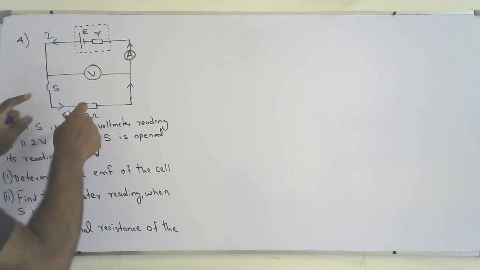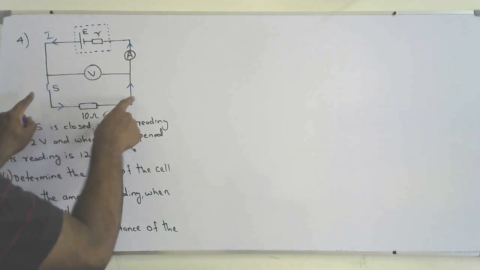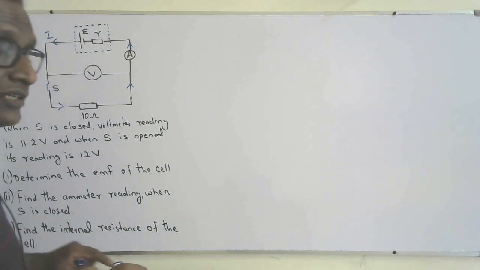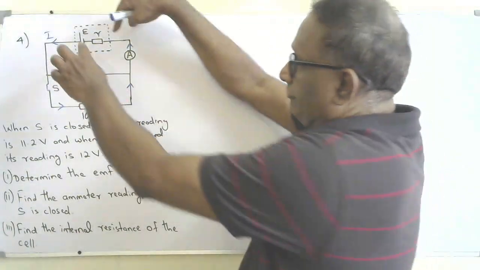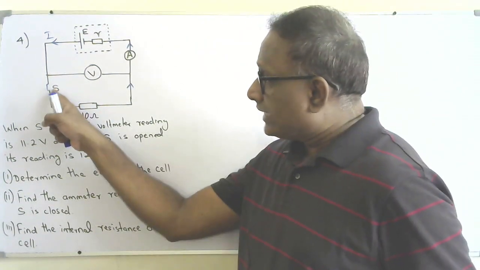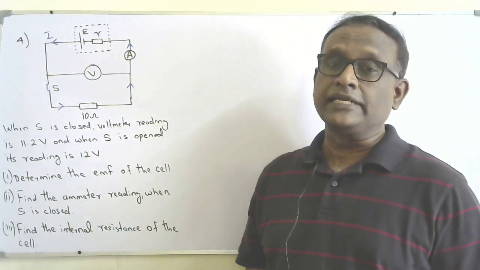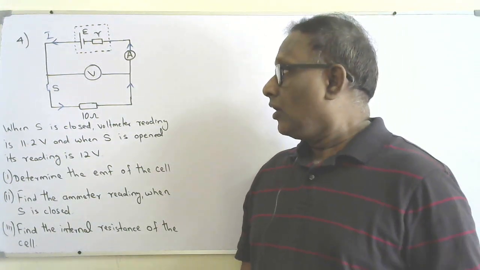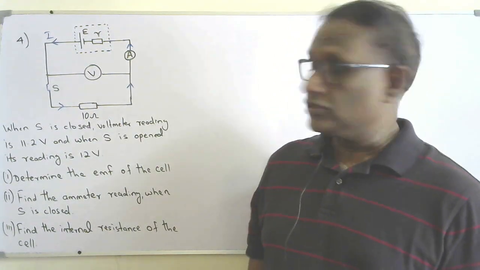So the voltage across the 10 ohm resistor is the same as the terminal potential difference. The voltmeter is reading the terminal potential difference as well as the voltage across the 10 ohm resistor. When S is closed, the voltmeter reading is 11.2 volt. That is the terminal potential difference of the cell, the same as the voltage across the 10 ohm resistor.